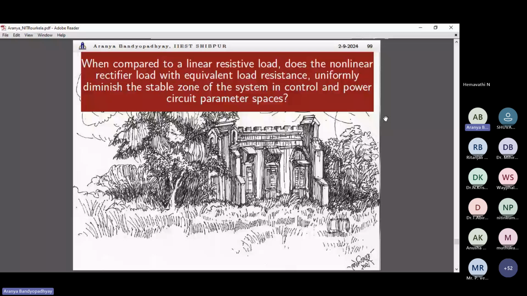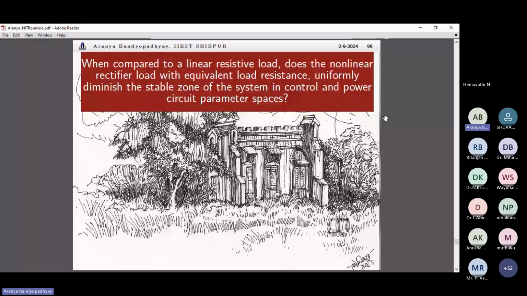And our next question is, when compared to a linear resistive load, does the nonlinear rectifier load with equivalent load resistance uniformly diminish the stable zone of the system in control and power circuit parameter spaces? And this question is very important, because we always tend to think of this nonlinear type of thing as some kind of a very bad thing.